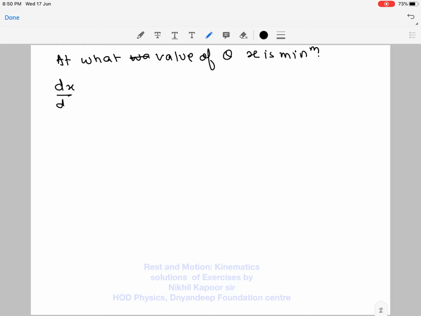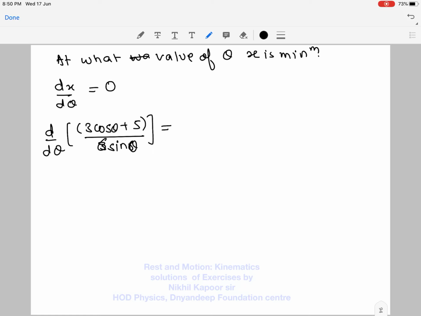So for this I will differentiate x with respect to theta and equate to 0, that is the condition for minima. So it will be the derivative of (3 cos theta plus 5) divided by 6 sin theta, equal to 0.